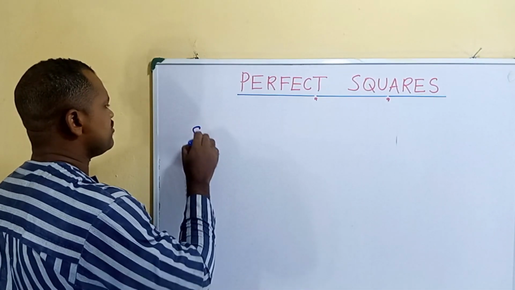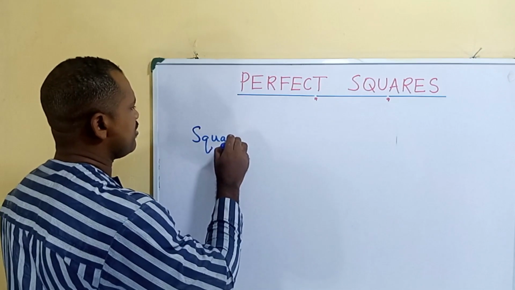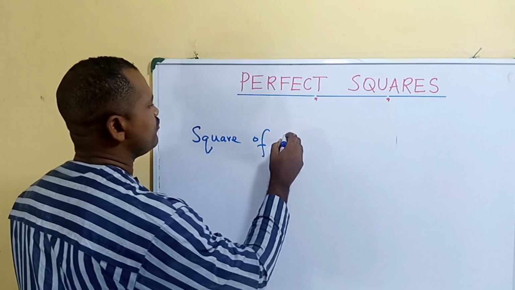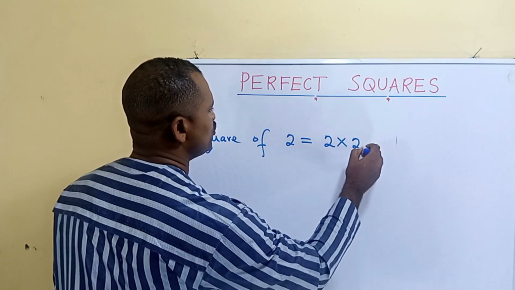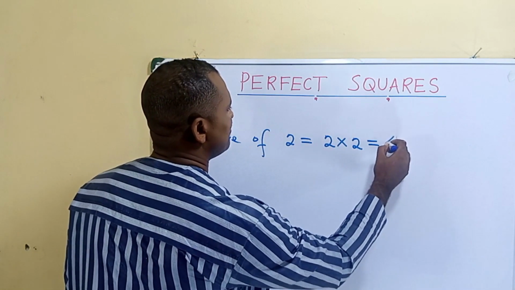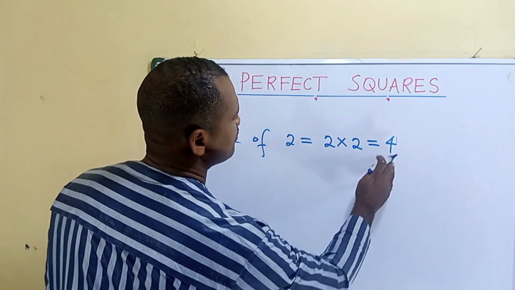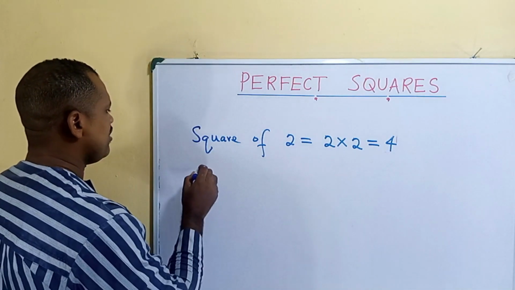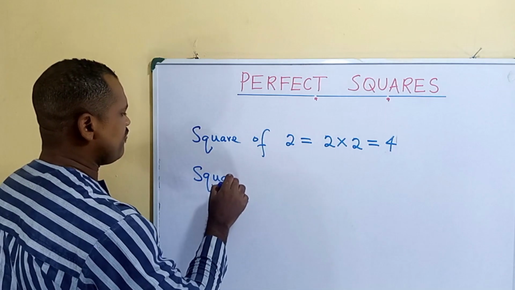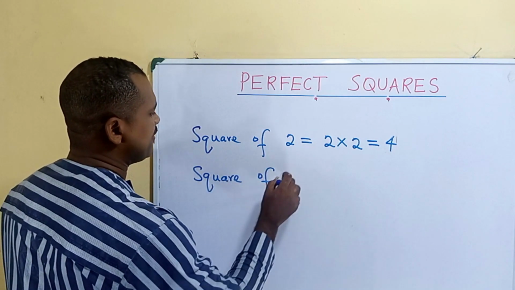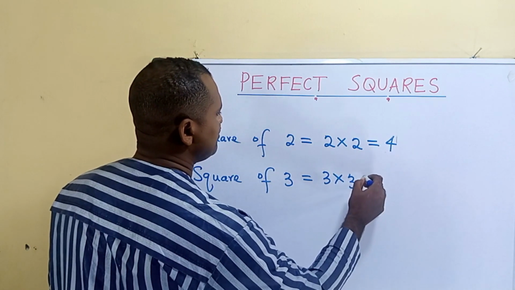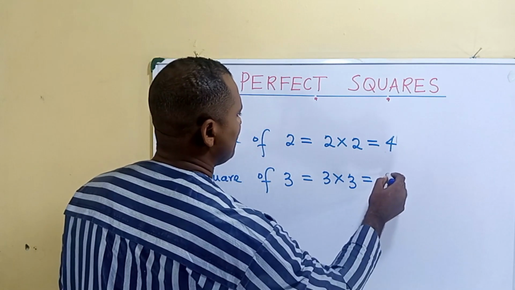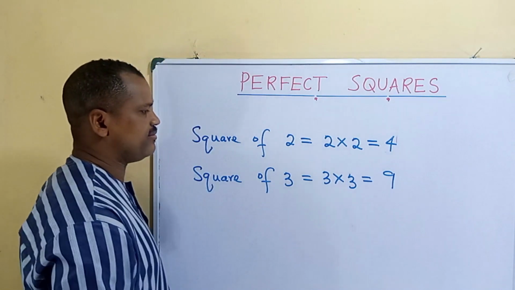Look at this. Square of 2 means 2 multiplying itself, and that will give us 4. Square of 3 means 3 multiplying itself, and of course that will give us 9.